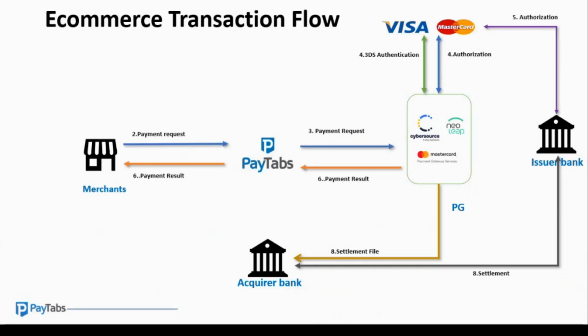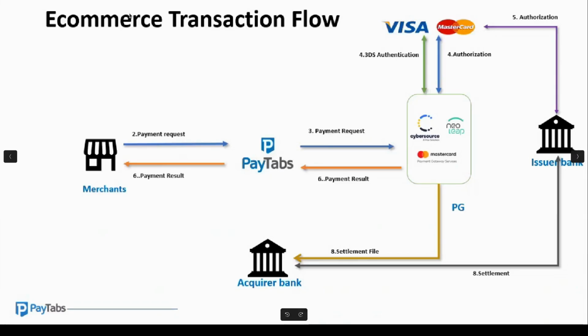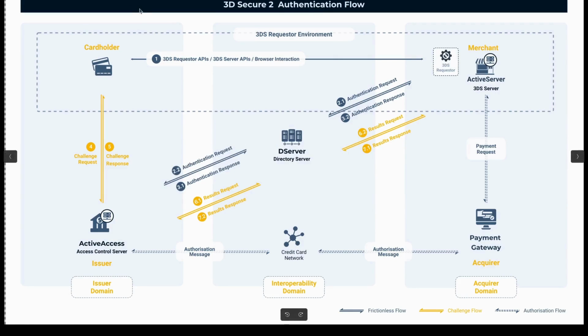Now, these days you may come across a definition like 3DS1 or 3DS2. Basically, 3DS1, what we just mentioned here, is the main additional layer. However, nowadays you may come across the word 3DS2 or level 2 of authentication. 3DS2 is an enhanced version of 3D Secure 1, which is no longer supported by most card schemes and issuers.